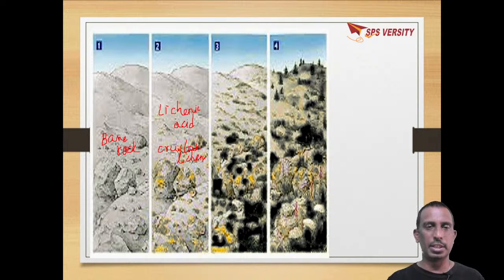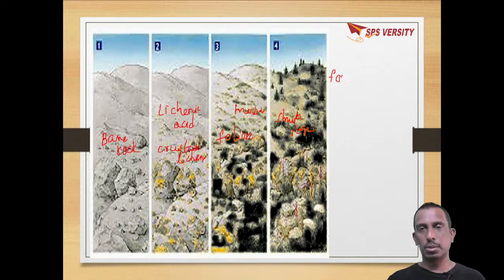So gradually weathering of rocks takes place. Next it is occupied by foliose lichens, and the mosses. And next the shrub stage, the herbaceous stage, and finally the climax community, that is the forest, which is occupied with tall trees.